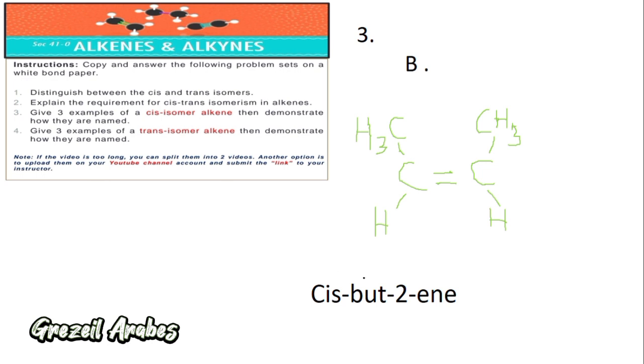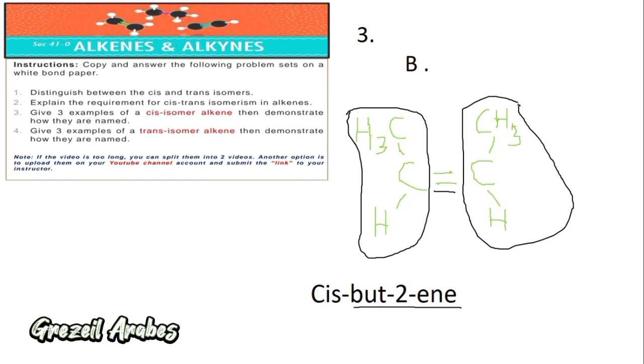So this is but-2-ene, because this is the new naming system as your course pack stated now. And as usual, there is a double bond because this is to prevent or to restrict rotation. And then rule number 2 is two non-identical groups, ma'am, which is found here and then here.